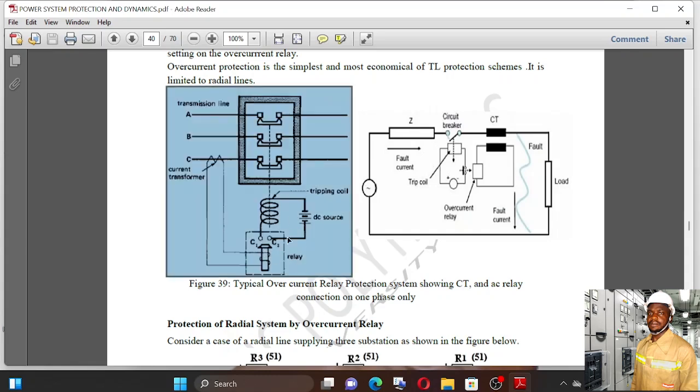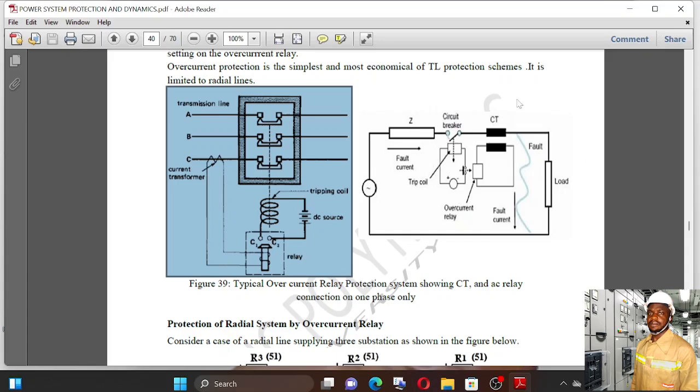This is the relay, and the relay is able to know whether that is a faulty current or not. If it's a faulty current, it closes its contacts, thereby permitting this DC voltage to energize this coil and causes the contacts of circuit breaker to trip.